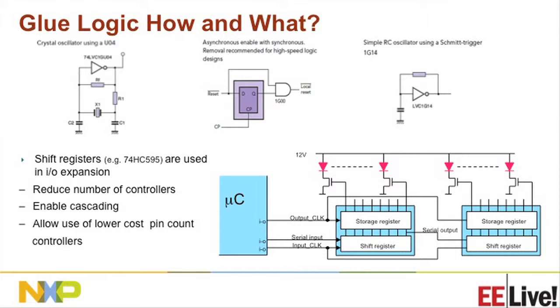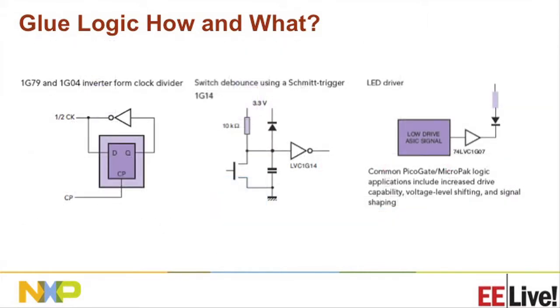And then we use the shift and storage registers to drive the LEDs. So the idea is you can cascade these shift registers and drive the LEDs if you're running out of IOs on a microcontroller. This is the common application of shift registers even today. Saves you some pins on the microcontroller.